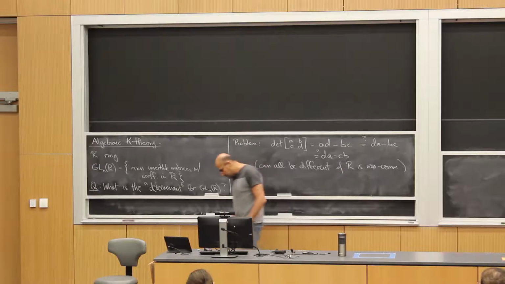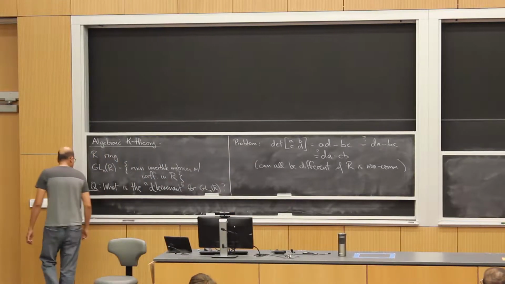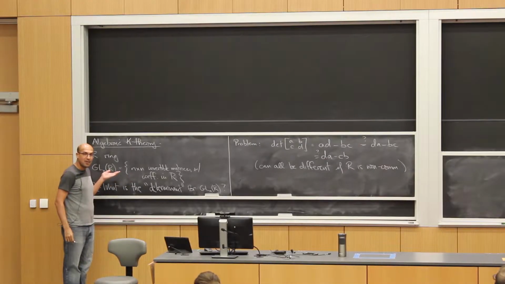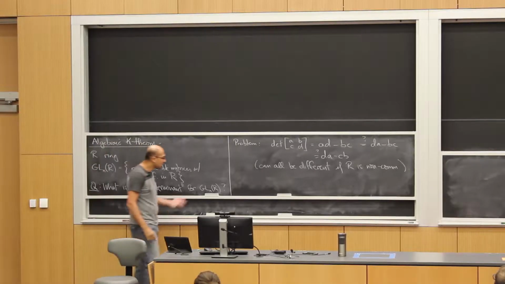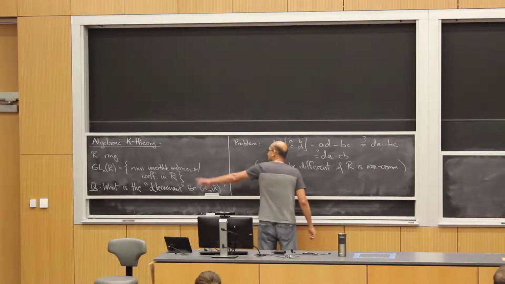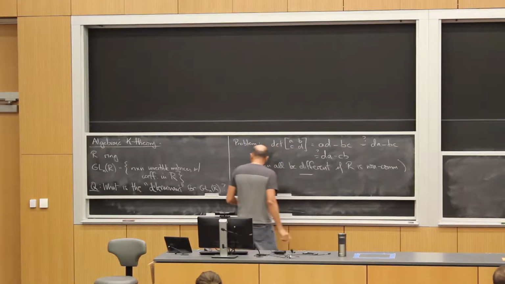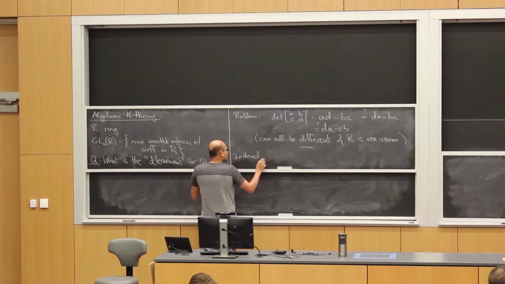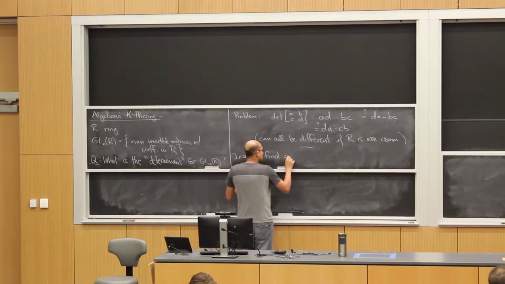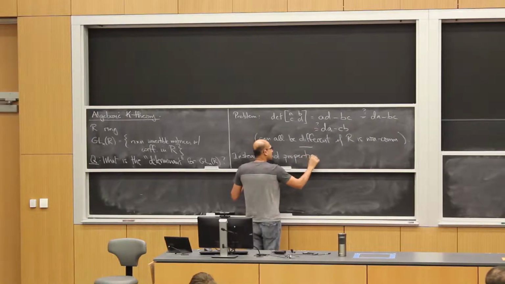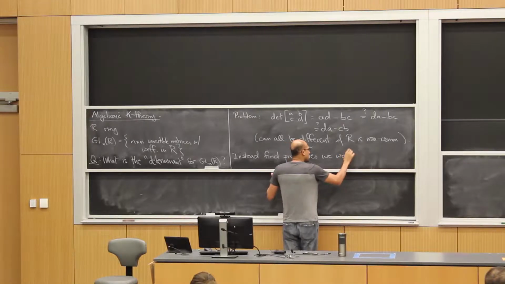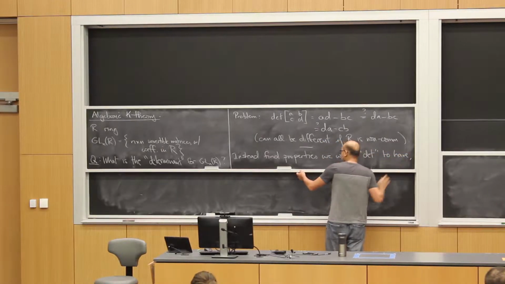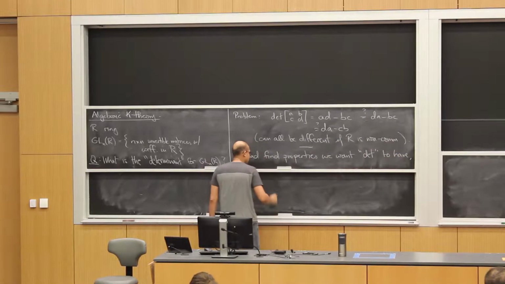Okay. So the way around this is to instead look at the properties that we like about the determinant map and use that to formulate the right definition in the non-commutative setting. So what are the properties? Instead, find the properties we want the determinant to have, and use this to motivate the correct definition.